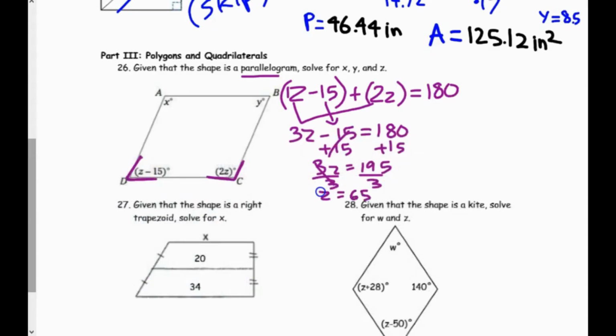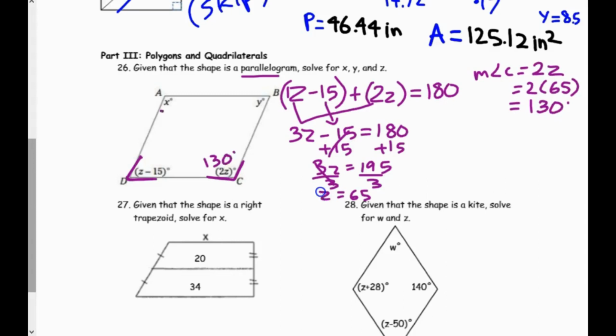Okay, now angle C is 2z. So the measure of angle C equals 2z, which is 2 times 65, which is 130 degrees. So this angle right here is 130.